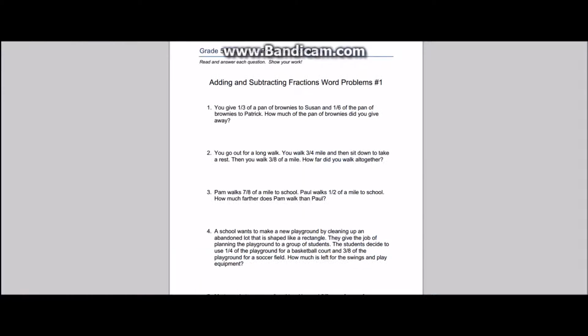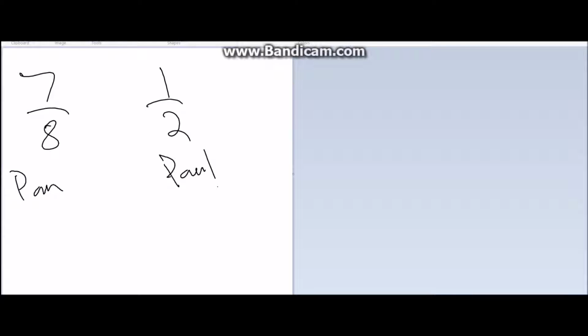The next thing we're going to look at is a subtraction question. We'll look at question 3 here. Pam walks 7/8 of a mile to school and Paul walks 1/2 of a mile to school. How much farther does Pam walk than Paul? So if we go back here, we have 7/8 and 1/2, and this is Pam, and this is Paul.